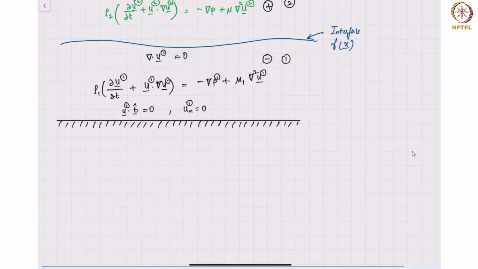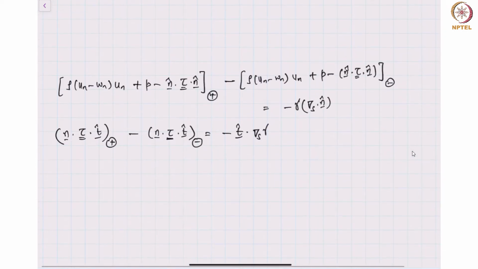Now, what about interface conditions? For the interface conditions, we have the jump conditions in the interface, which I've already discussed. So instead of calling it minus and plus, let's call this fluid 1 and fluid 2. We have the jump conditions at the interface. So these are the conditions that you'll have at the interface.